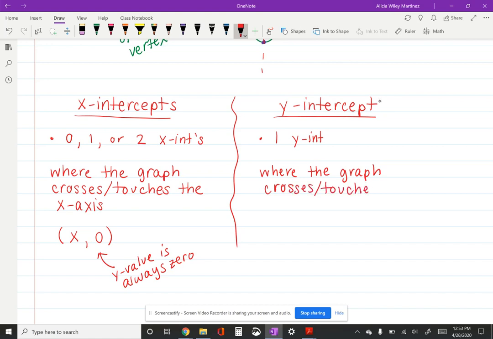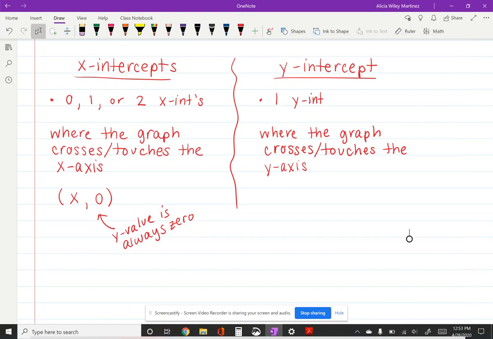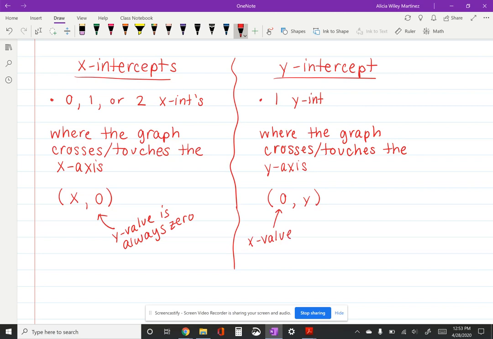There's lots of different words you can use. It's where the graph crosses the y-axis. For a quadratic, or any type of function, a point that is on the y-axis is always going to be 0, comma, y, where the x value is always 0.